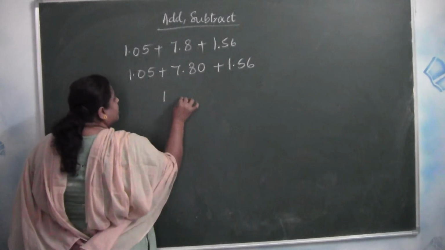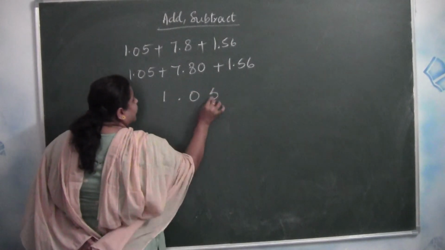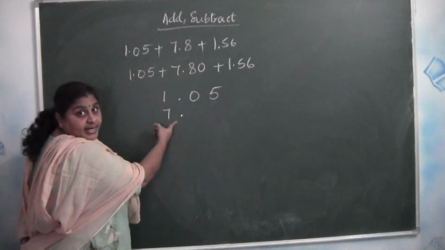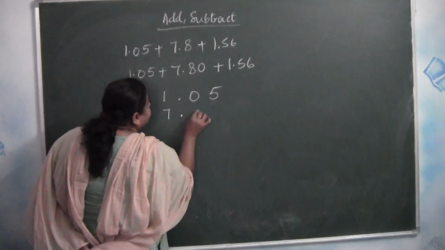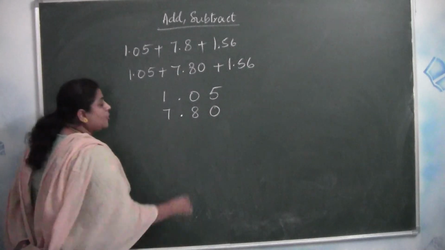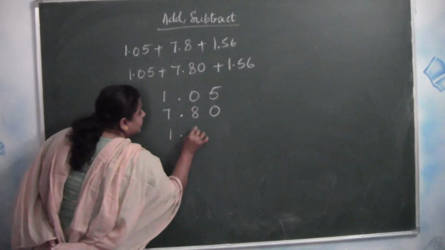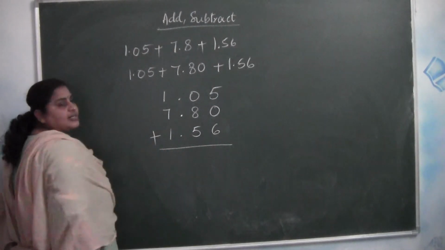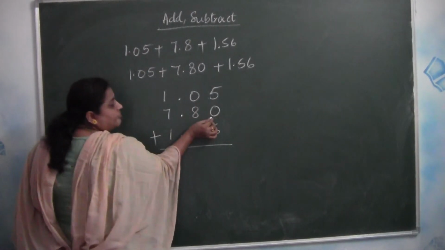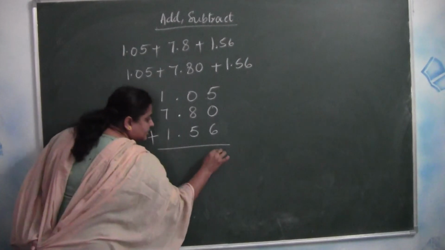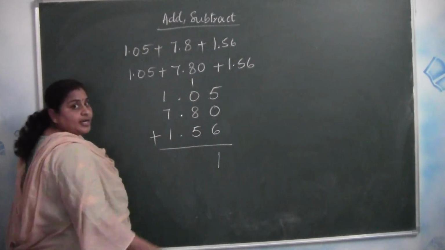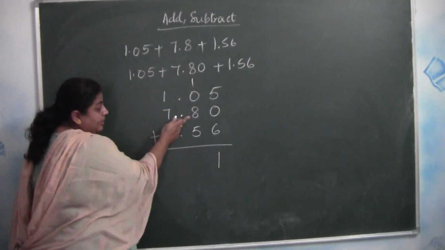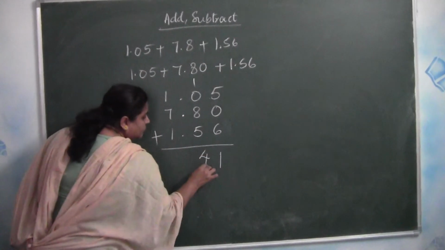Now let us arrange: 1.05, 7.80, 1.56. Always decimal under decimal, children. Now we are going to add the decimals. 5 plus 0, 5. 5 plus 6, 11. Carry over 1. 1 plus 0, 1. 1 plus 8, 9. 9 plus 5, 14.